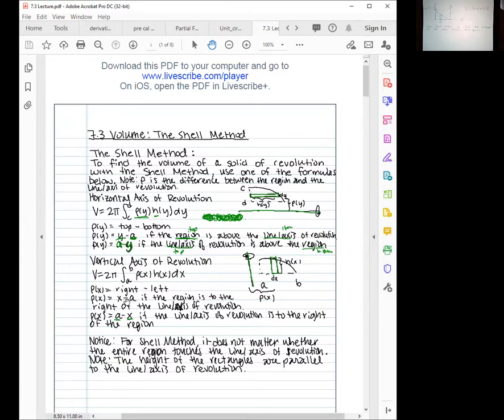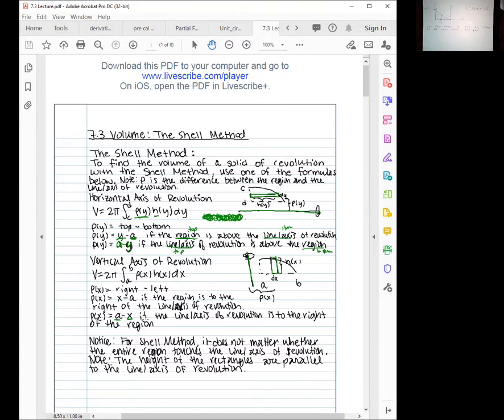But remember, if the region is to the right of the line of revolution, so it's not, right? We do x minus a. If the line of revolution is to the right of the region, it's a minus x. I think I miswrote that. I said the same thing, didn't I? Should be left.